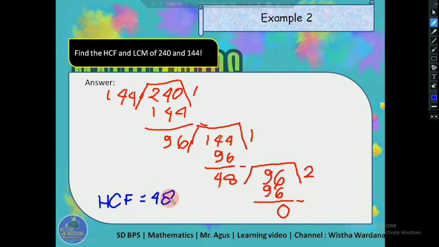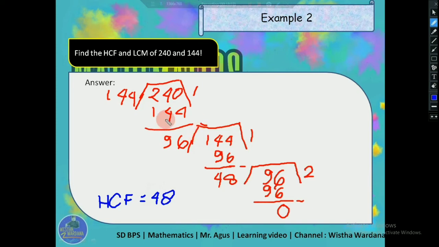So the HCF answer of this question is 48. But in the question, we have to find the LCM also. So you have to find the LCM using the relation between HCF and LCM.